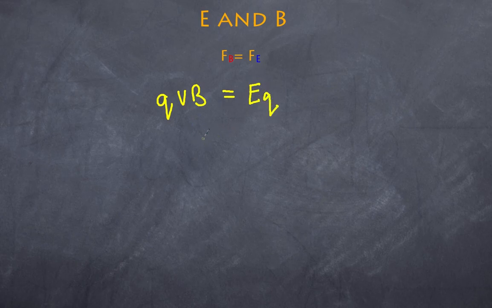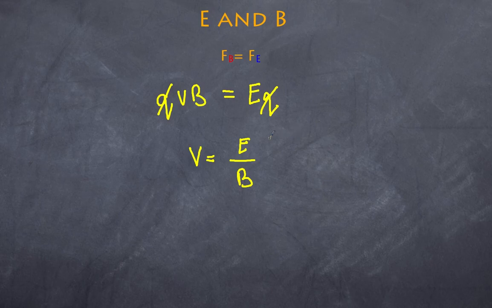Now, of course, because the forces are equal, he was able to discount or remove the value of the charge in this situation. V, of course, is the velocity of the cathode ray, and you can now see that it is simply equal to the electric field strength divided by the magnetic field strength.